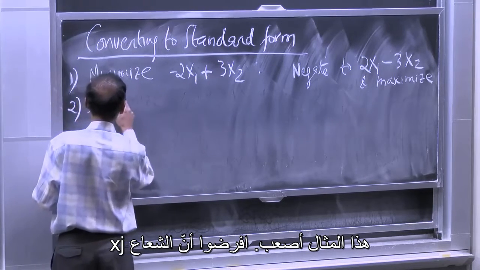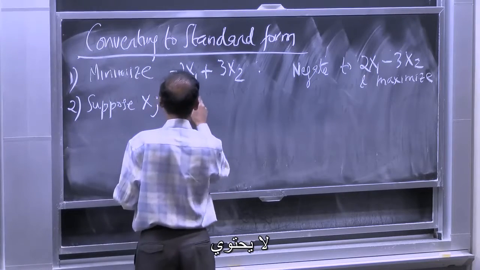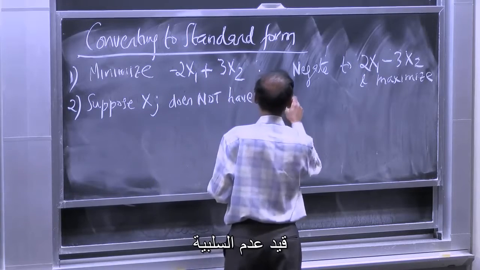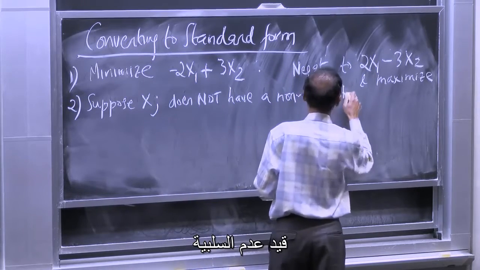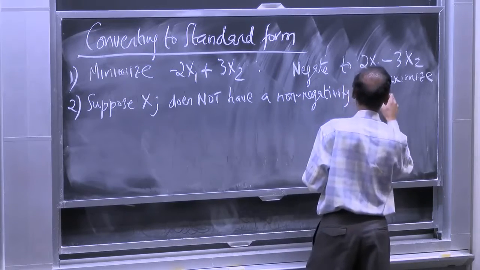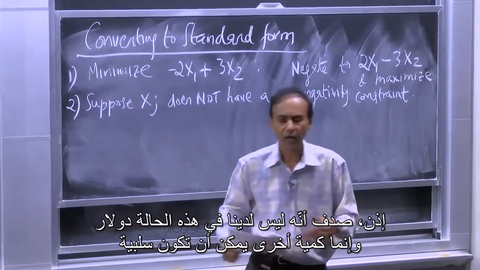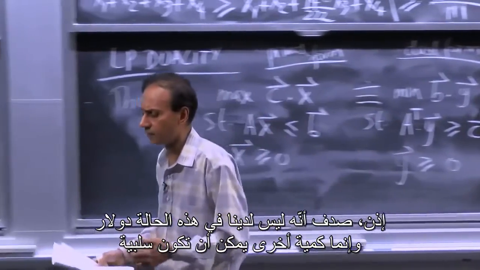Suppose xj does not have a non-negativity constraint. So it just happens to be the case that it's not dollars, but it's some other quantity that can go negative.